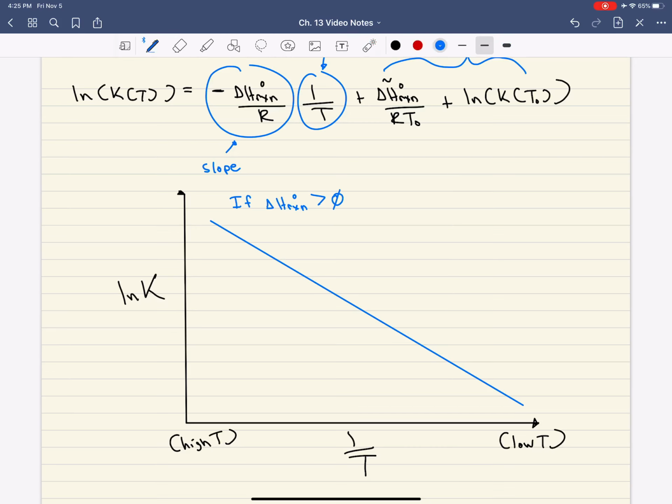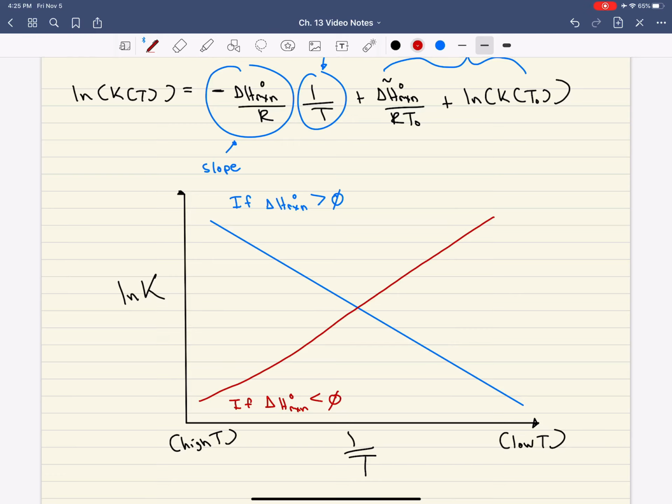Conversely, let's now think of the case where delta H reaction is negative. Okay? So if this is negative, then it cancels out the negative sign. And so as we increase 1 over T, we would see a positive slope like that.